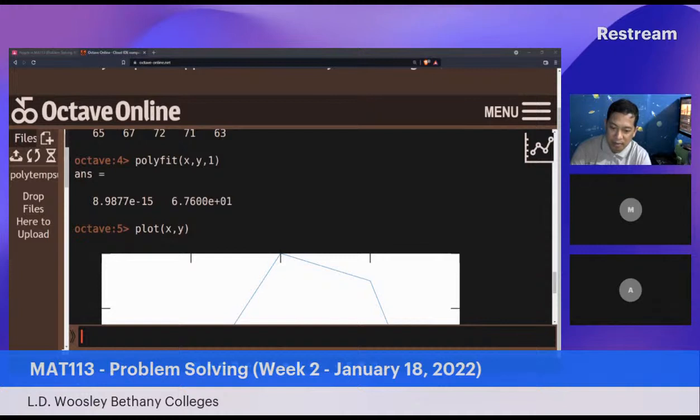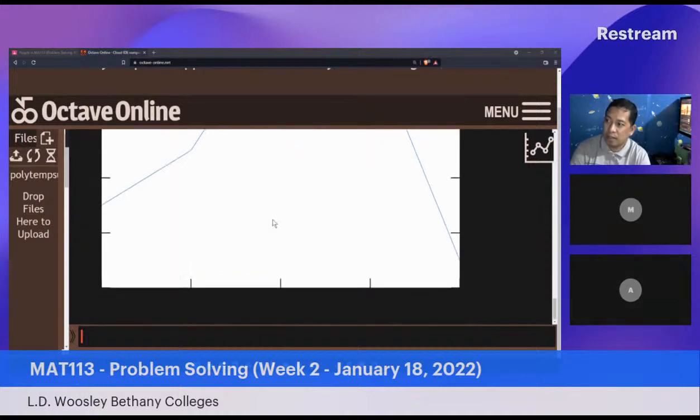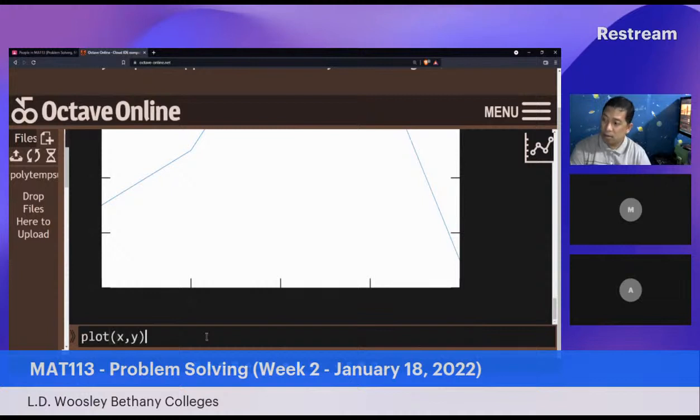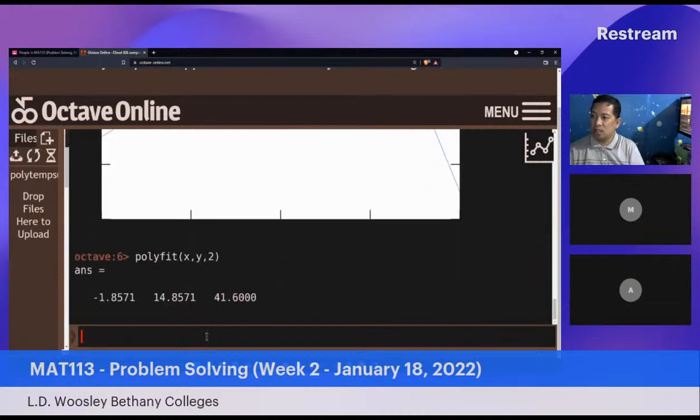And we're trying to have some prediction. Now, if we will try to command again a polyfit, this time we will be using second degree. So there you go, you have your interpretation dyan. It's actually in the form of a quadratic formula.